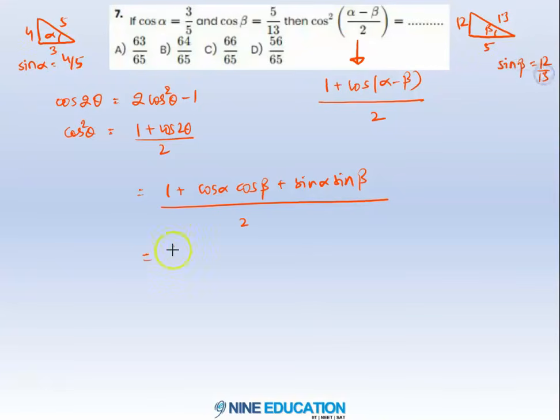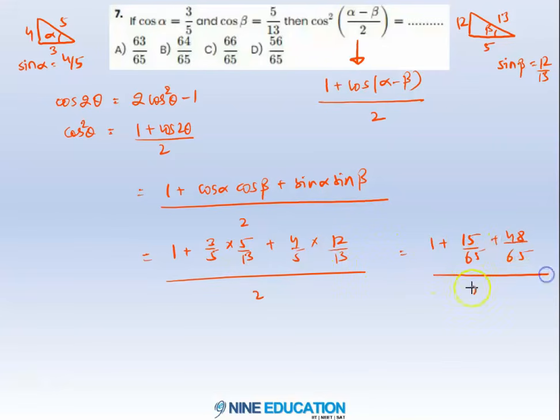So I just need to plug in all these values. So 1 plus cos alpha is 3 by 5, cos beta is 5 by 13, plus sin alpha is 4 by 5, sin beta is 12 by 13. This entire thing divided by 2. So it is 1 plus 15 by 65 plus 48 by 65 divided by 2.